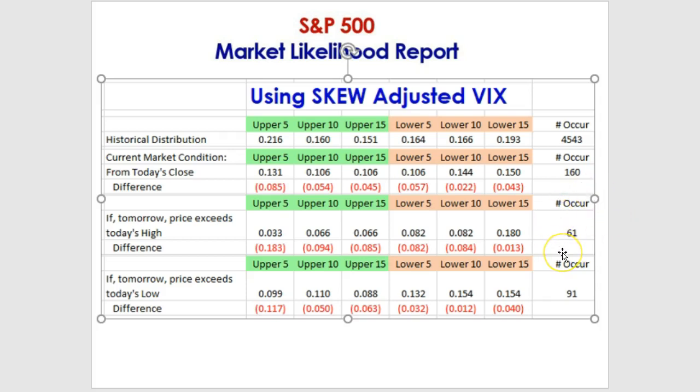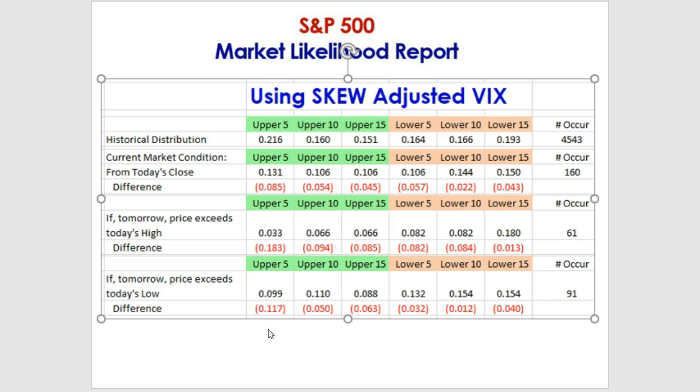Of those 61 occurrences, the distribution was similarly such that the market hit all 6 of the bands less often. When the market went down below the previous bar's low, the distribution was similar. That was 91 times. The market was similarly less volatile in all 6 bands, getting struck less often.